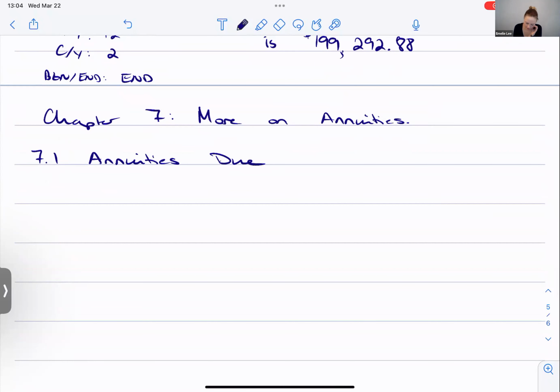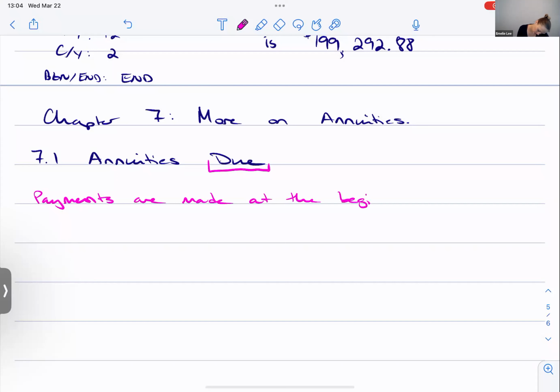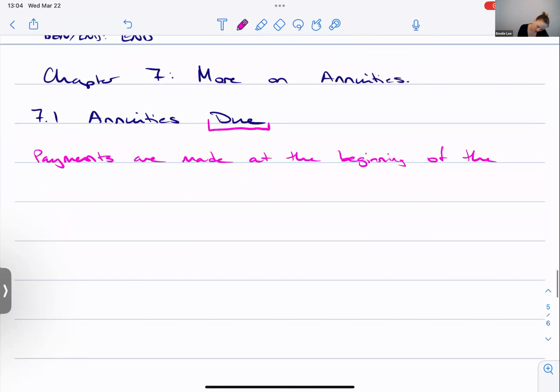The only change with annuities due is that the payments are made at the beginning of the payment period. Okay, that's the change.